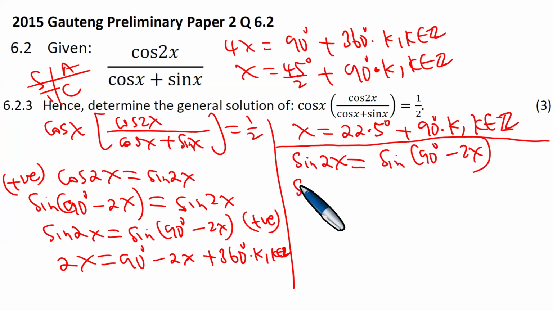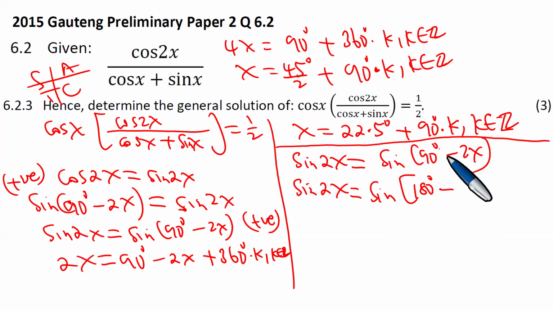Now, we can actually make this an angle in the second quadrant. How do we do that? We are sure that this is an acute angle, a small angle, so we can write here the sine of 180 degrees minus this angle, minus 90 degrees minus 2x.